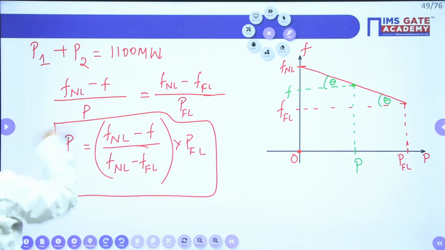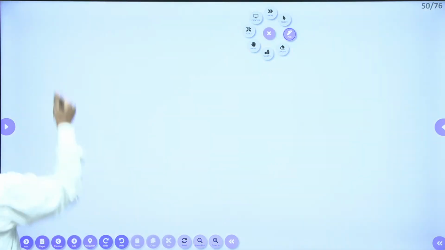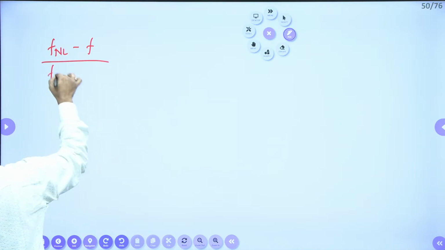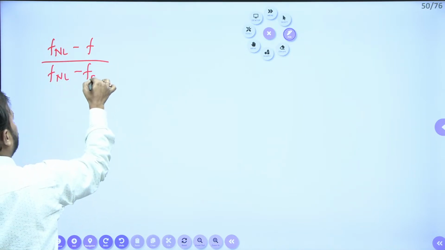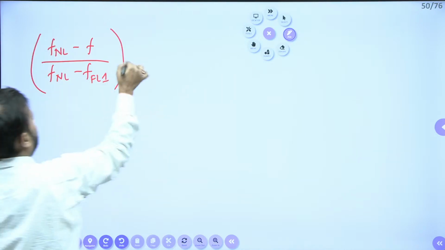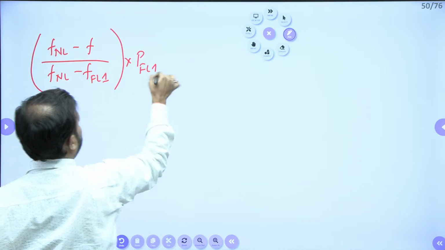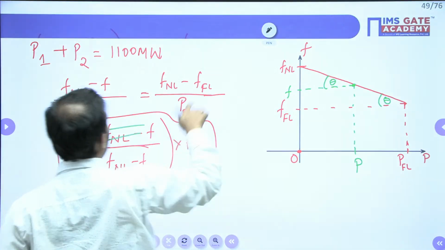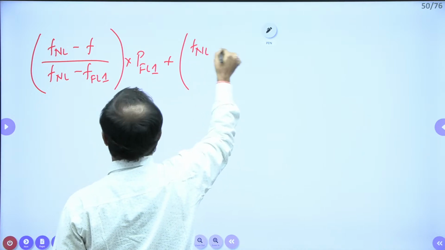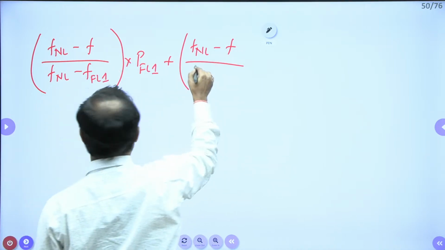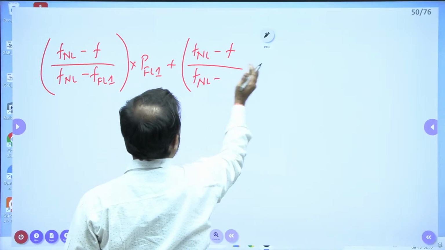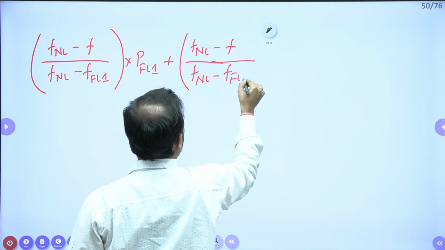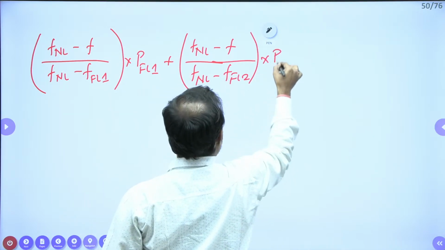So substitute here: FNL minus F whole divided by FNL minus FL1, times P full load for the first machine, plus for P2, FNL minus F, this frequency is unknown, divided by FNL minus F full load for machine 2, times P full load for machine 2.